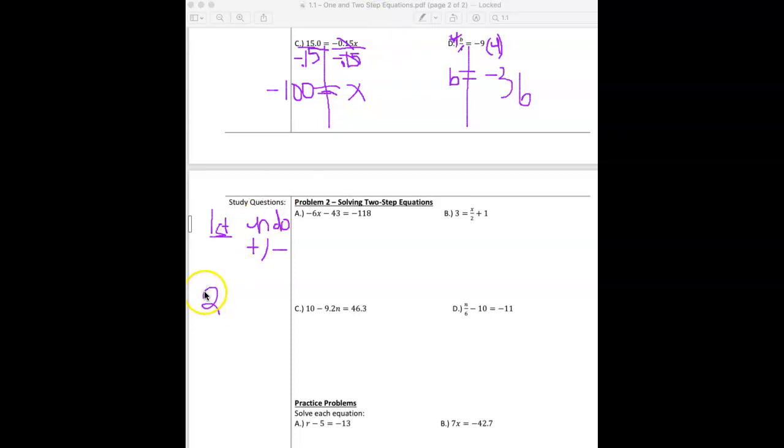Second thing you want to do is undo any multiplying or dividing. They're two-step equations, so you just have 2 steps. So first I'm going to undo adding and subtracting. Second, undo multiplying or dividing.